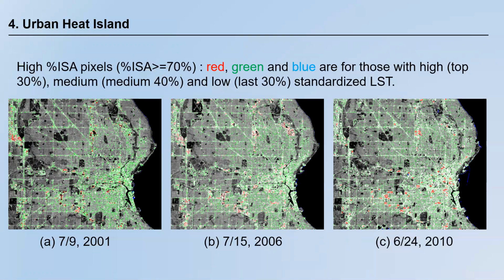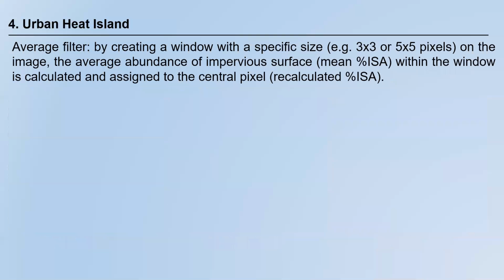They are the boundary between the city and the very huge Lake Michigan. So these blue pixels are highly urbanized, but they have relatively the lowest temperatures because they are surrounded by water. How to address the big assumption I just made? Different pixels with different colors have different temperatures because they are surrounded by different types of environment. So the average filter is here to address that.